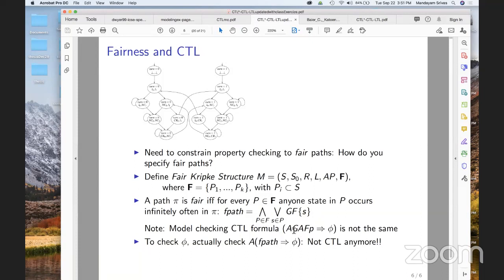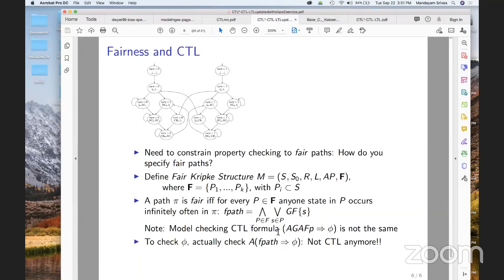But the problem is that although AG of AF of P imposes the constraint of a fair path, this implication does not. The model checking of this implied formula, where phi is some other formula, is not the same as ensuring this.